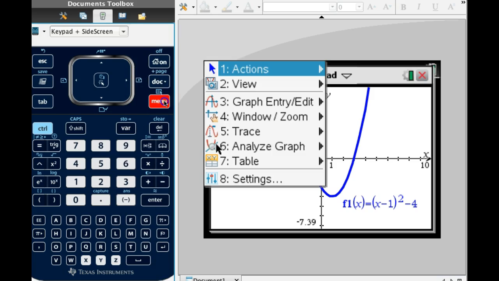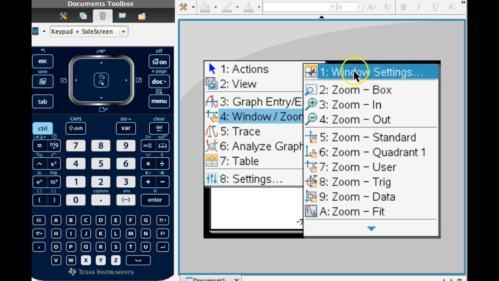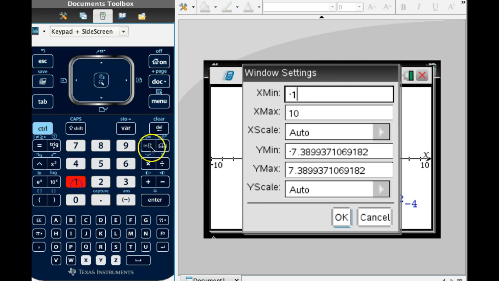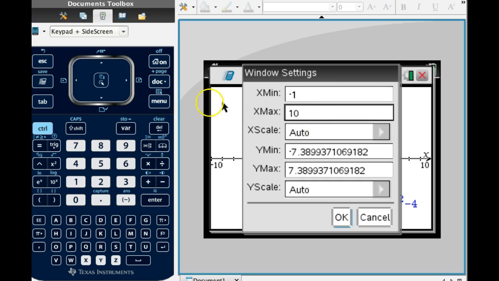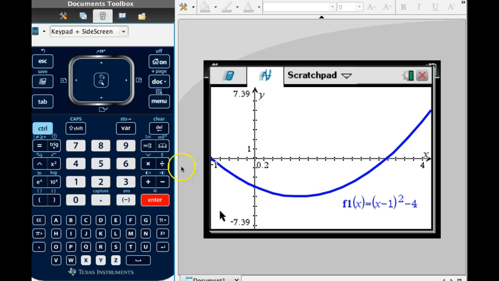So I'm going to go to menu, I'm going to go to window, and I want to go to window settings. It's telling me the x has to start at -1 and move your arrow down, and then I want the maximum to be +4. Hit enter. This is what your graph should look like.